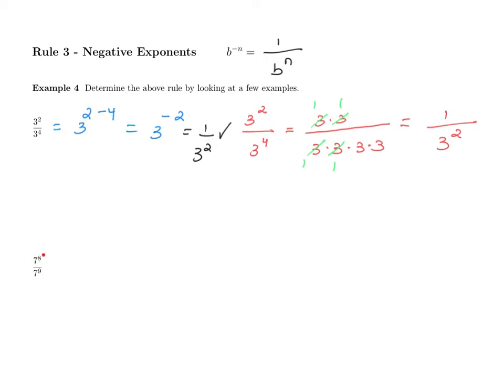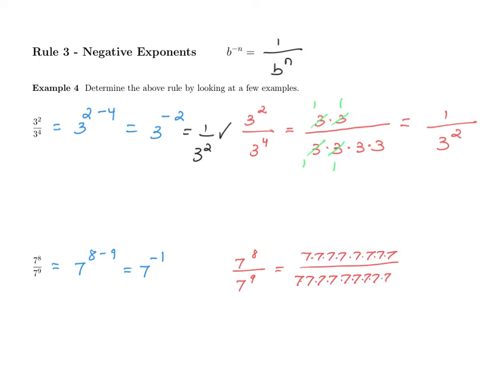If you have 7 to the 8 divided by 7 to the power of 9, first, using the rule on the previous slide, this is 7 to the 8 minus 9, which is 7 to the negative 1. This is the same thing as saying if you have 7 to the 8 over 7 to the 9, here you have 8 sevens in a row, and 9 of them in a row on the bottom.